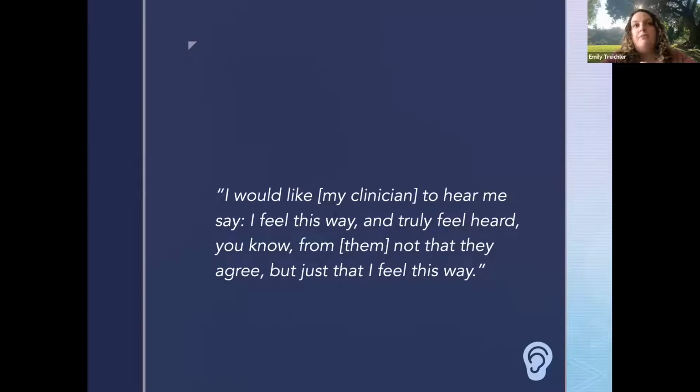Some version of, it's not that I want my clinicians to do exactly what I want. It's not that I want to get my way all the time. It's not that I want them to not be involved in decisions. It's that I want them to really listen to me and really understand what I'm going through, and really trust in my experience of my experience, right? How I perceive my own life and my experience.